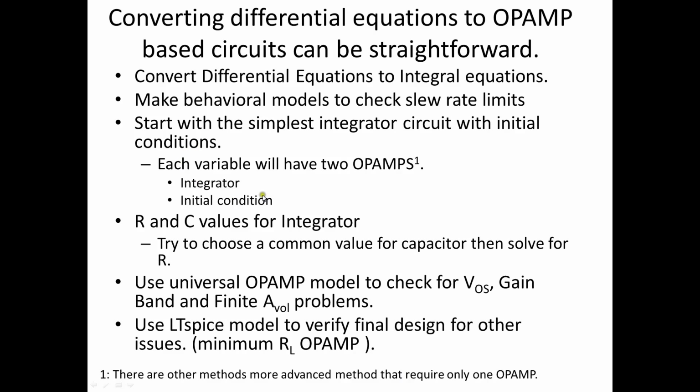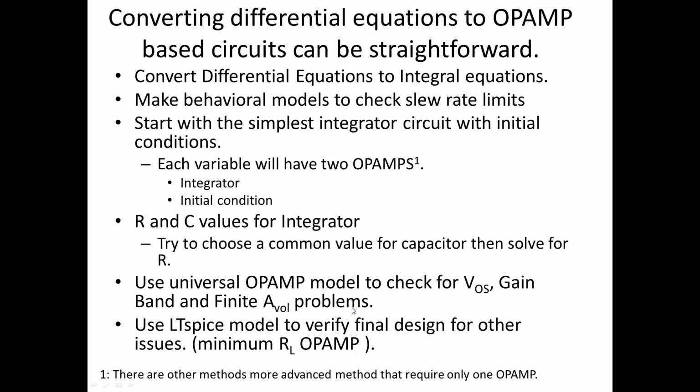the scope of this. Then, once you have your integrator, you choose R and C values for this integrator, and you try to use a common value for the capacitor for all the values, and then solve for the different R's. Use the universal op-amp model then to check for offset voltage, gain, bandwidth limitations, and finite open loop gain problems.